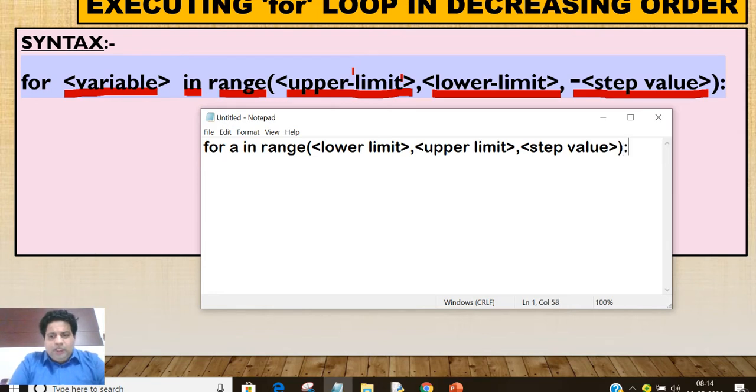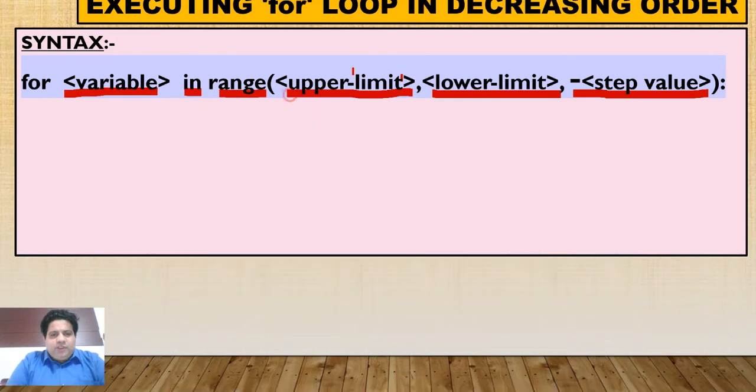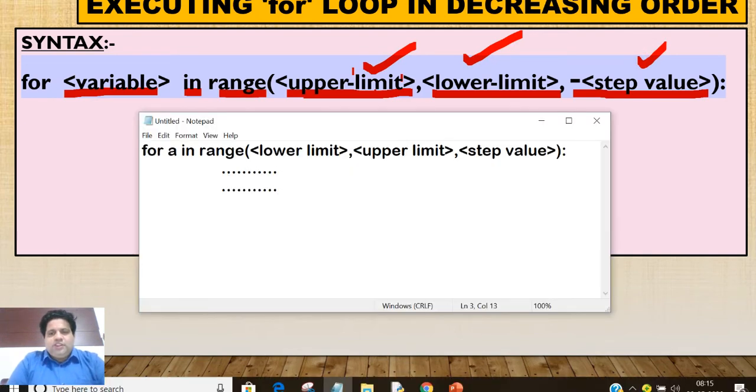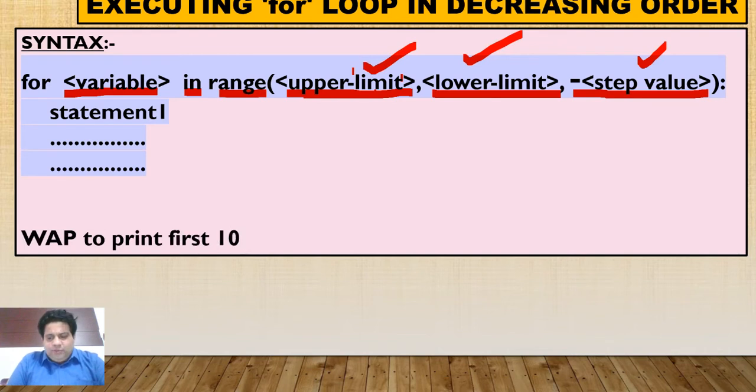Then you write the statements that you want to execute. Now here the syntax is you write the upper limit first, then the lower limit, and then the minus step value. These are the changes, and then you can write statement 1 and so on. Okay, so is the syntax clear?